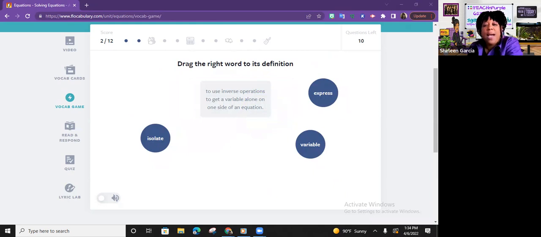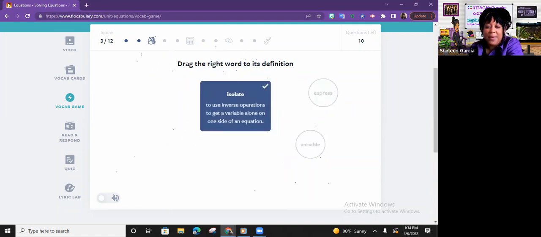We use the inverse operation to get the variable all alone by itself on one side of an equation. What are we doing? Yes, we are isolating. Thank you. Yes, that's the first step of solving.